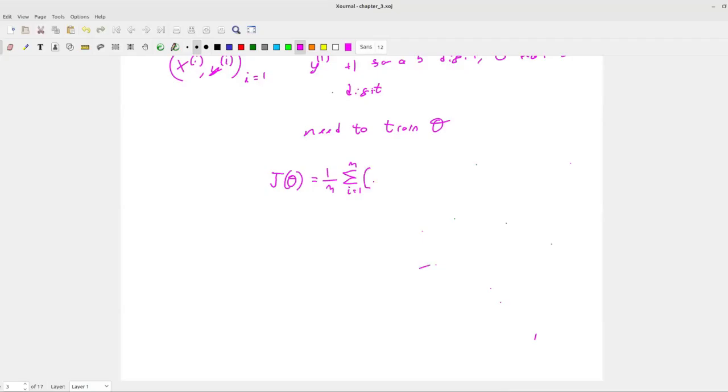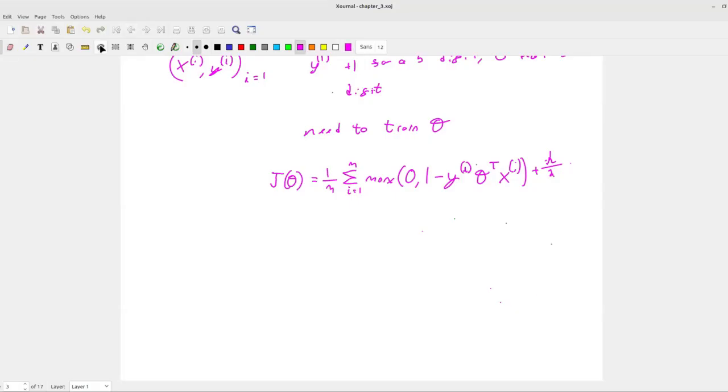And it's going to be the max of 0 or 1 minus y of i times our theta transposed times x, which is our input data for that particular instance, plus lambda over 2.